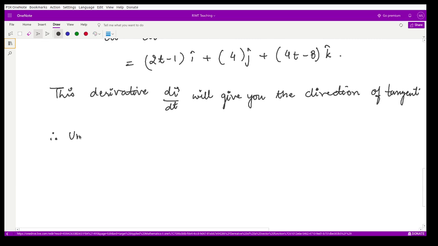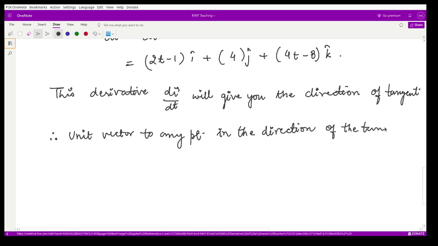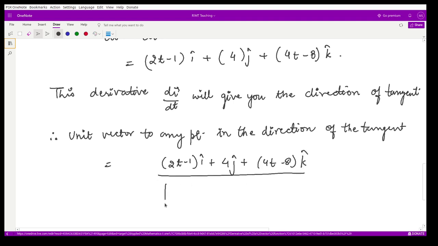So what is the unit vector? Therefore we can say the unit vector at any point in the direction of the tangent. What would that be? You will divide this vector by its magnitude. The direction of the tangent is the vector (2t minus 1) i cap plus 4 j cap plus (4t minus 8) k cap. When you divide by its magnitude, how do you obtain the magnitude?